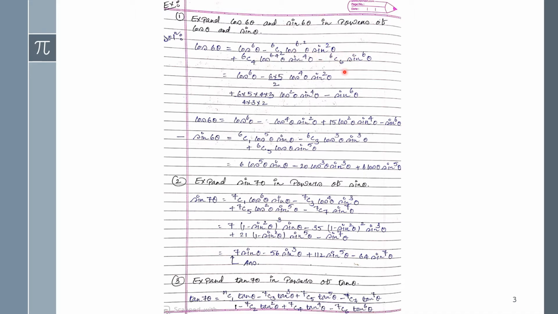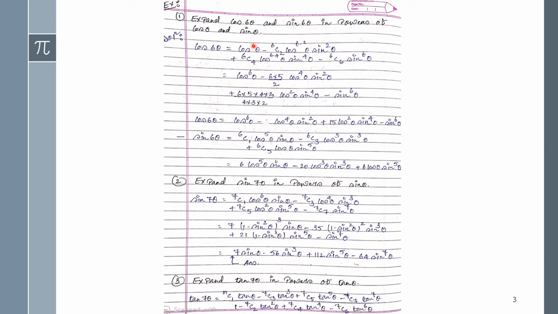So here I didn't write for the cos because this one is 1. Now for the sin, one term will be increased. So here you can see sin square, then sin 4, then sin 6, then sin 8, if it comes.